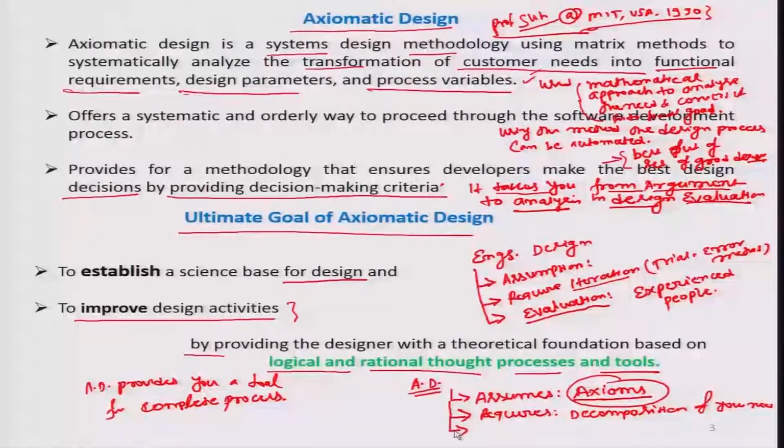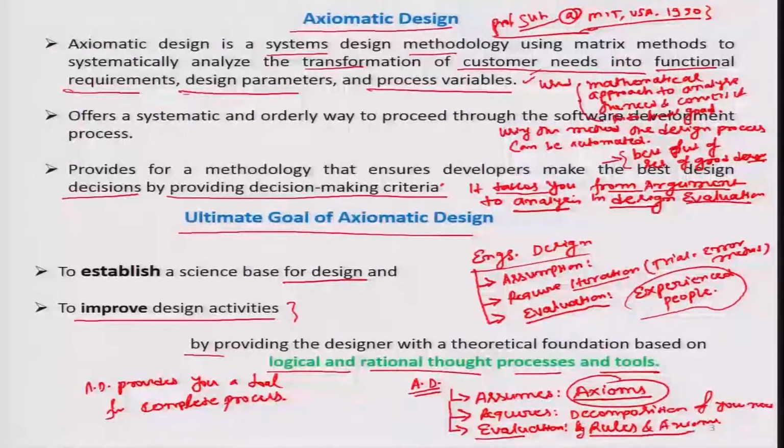Okay, and then evaluation, that is the most critical parameter, and it is done by rules and axioms. Okay. So here, unlike engineering design, where experienced people are involved in the evaluation process, in this process there are already rules available. So the process is very fast and accurate.